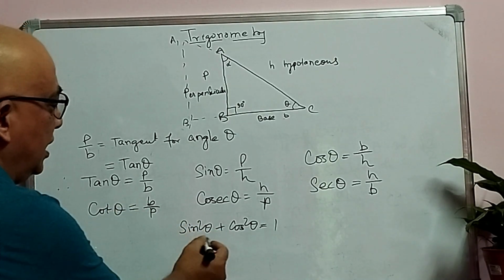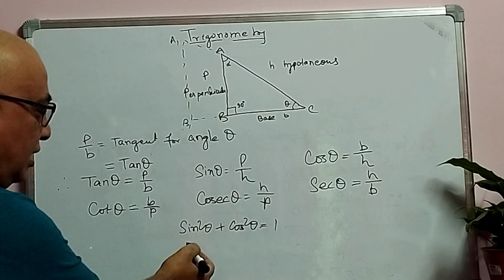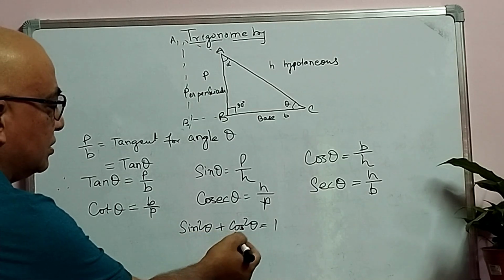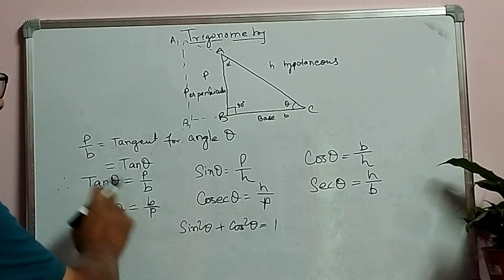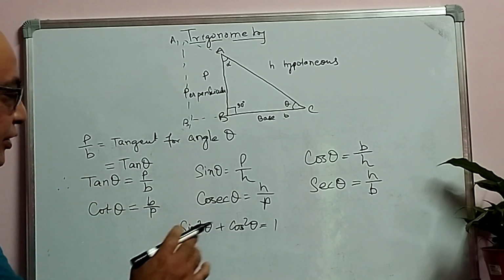For example, later on we learn that sine square theta plus cos square theta equals 1. So how is it related to the ratio?